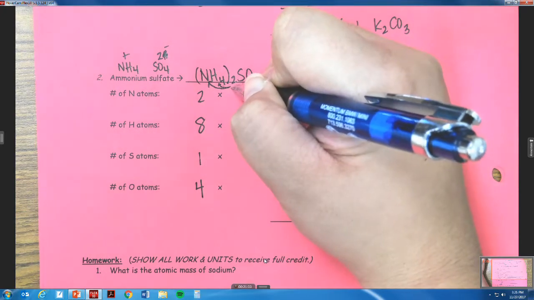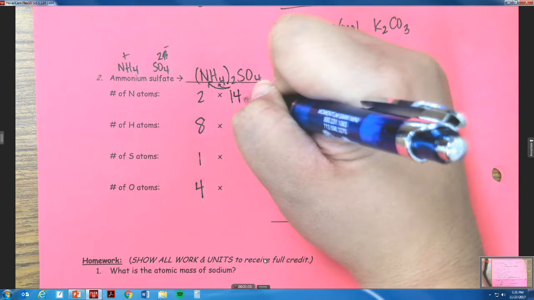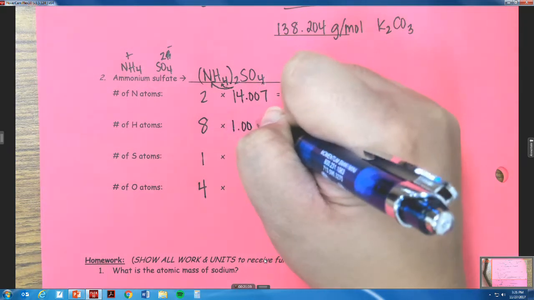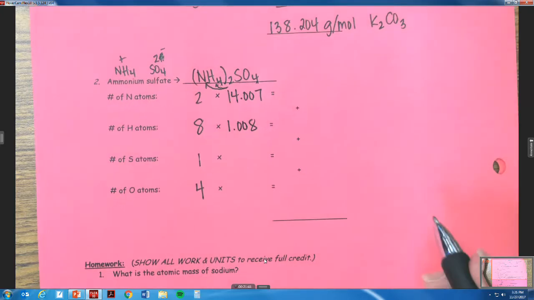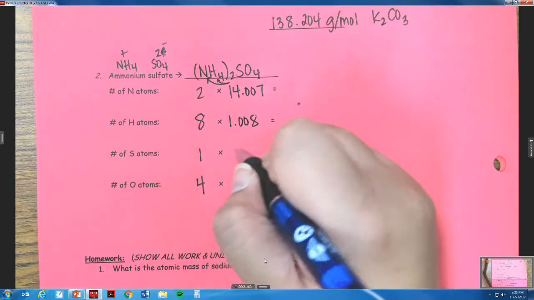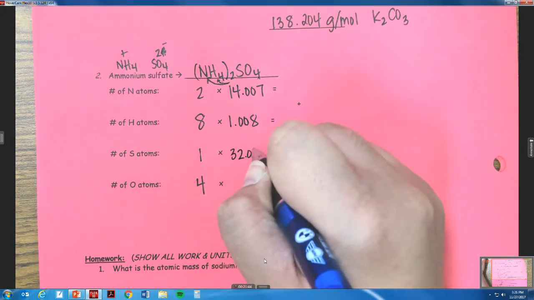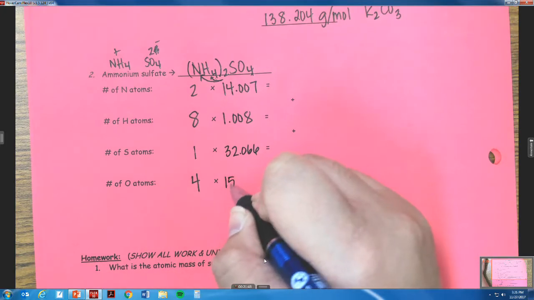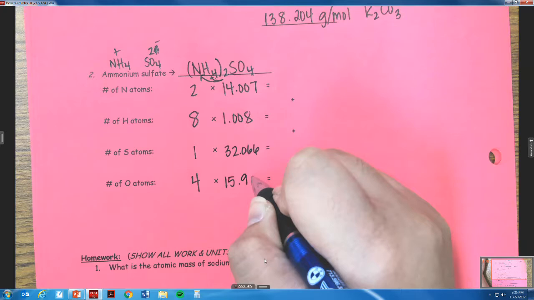So nitrogen is 14.007, hydrogen is 1.008, sulfur is 32.066, and oxygen is 15.999.